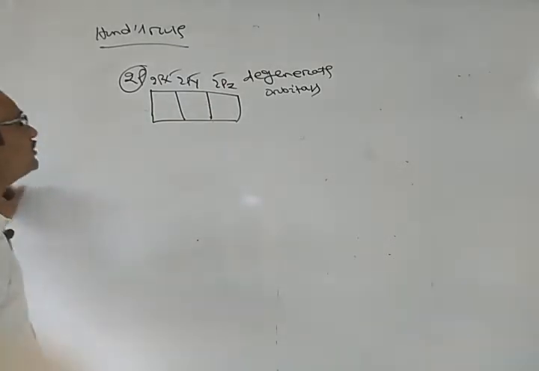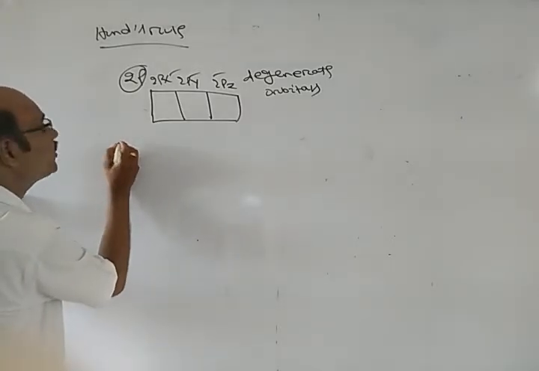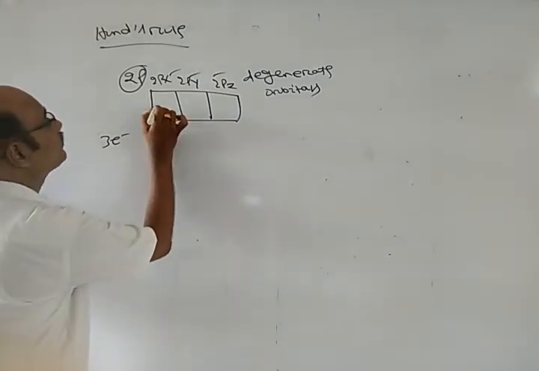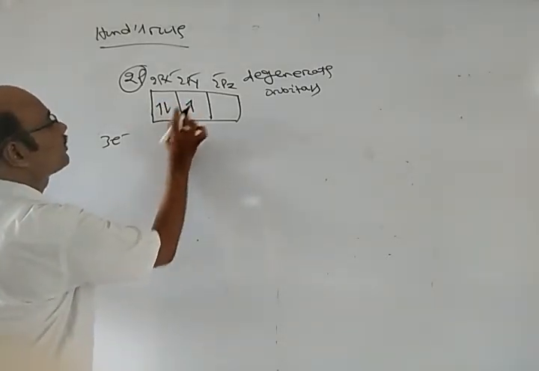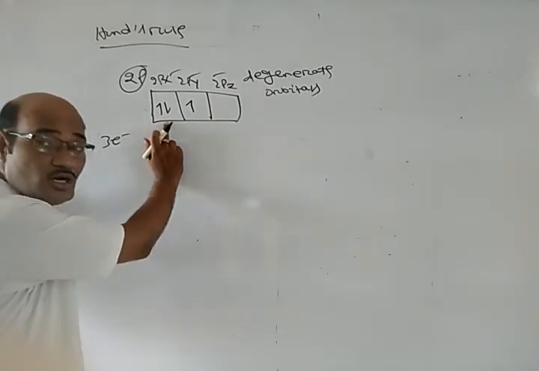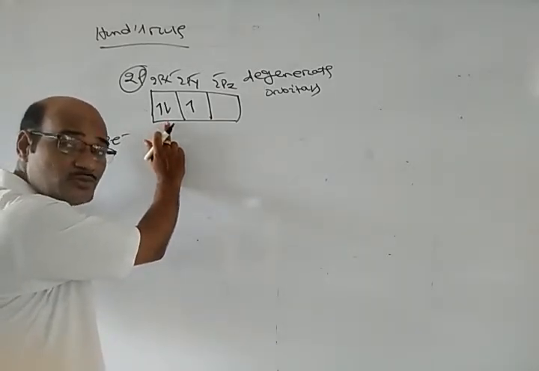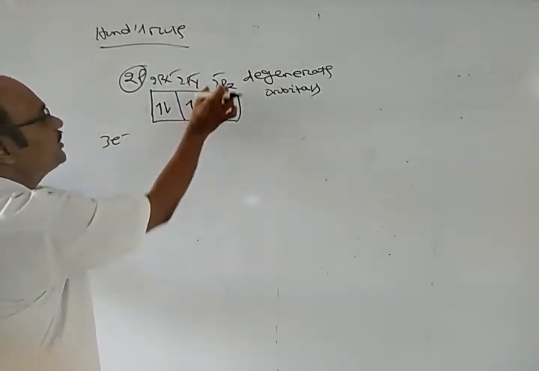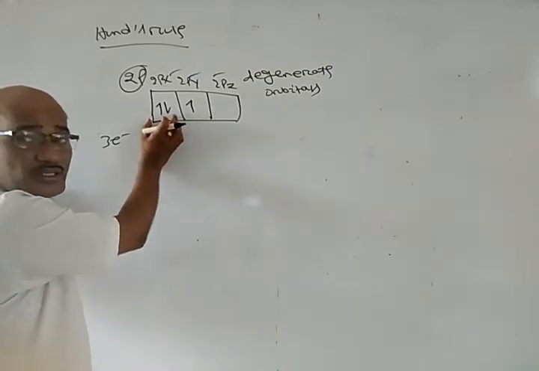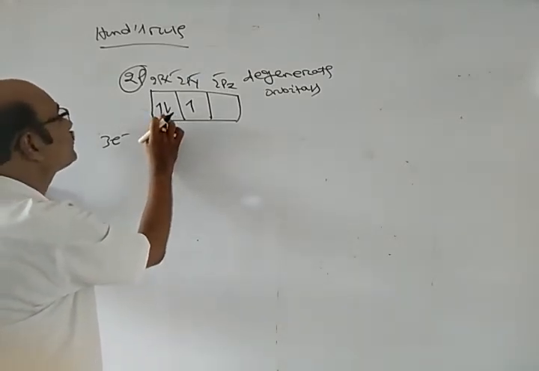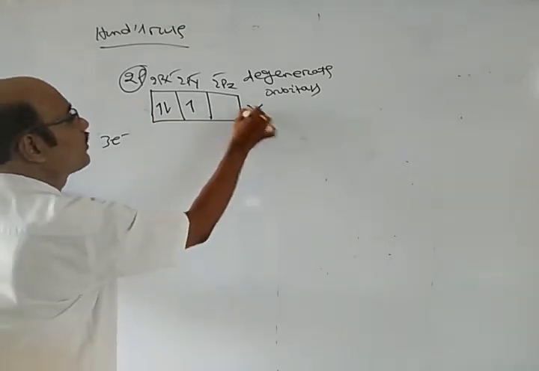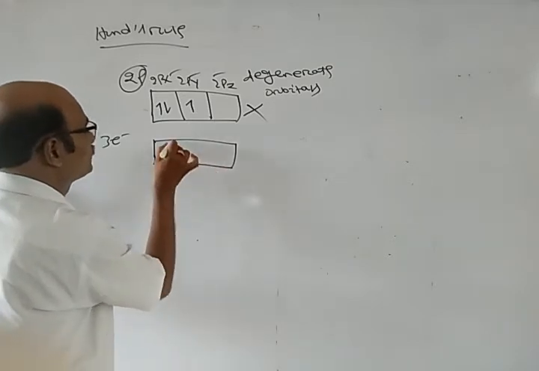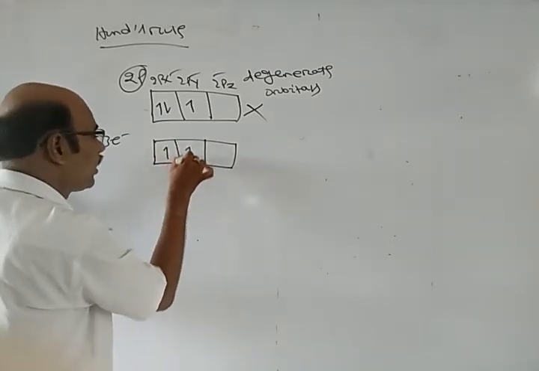Hence, suppose I have three electrons. If I put 1, 2, 1, we know each orbital contains a maximum of 2 electrons. 2px is an orbital, 2py is an orbital, 2pz is an orbital, and each orbital will contain 2 electrons. So if I write 2 then 1, this will be wrong. I have to keep 1, 1, 1.